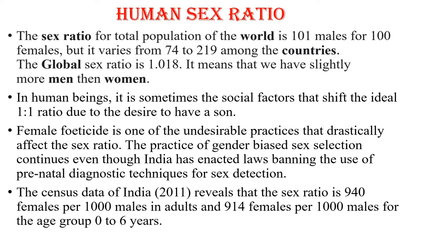That means individuals between the age group 0 to 6 show a lower female ratio per 1000 males, that is 914, compared with the adult ratio, that is 940 females per 1000 males.